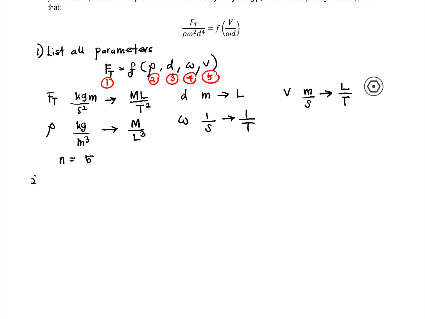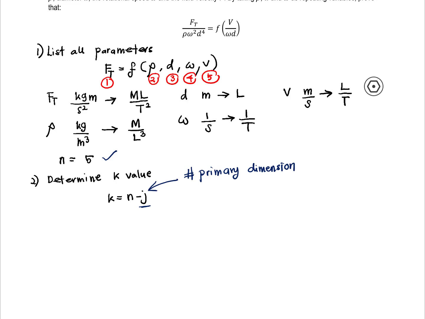Next, we have to determine the K value by using the equation K is equal to n minus J. We already know n, but we have not yet introduced J. J is the number of primary dimensions.